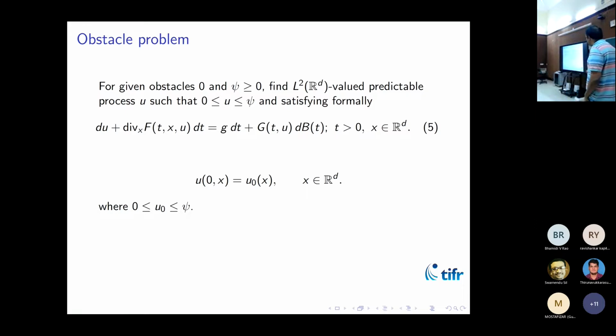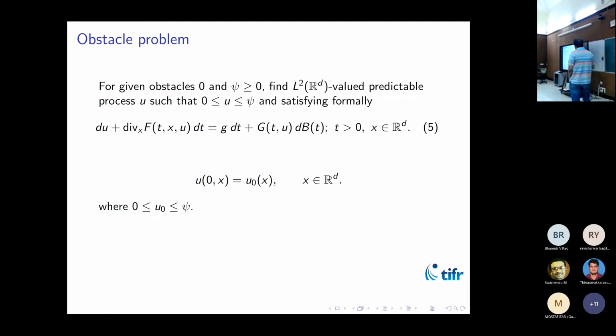One thing I must mention here, which is not on the slide, is that it should satisfy this SPDE away from the obstacle. So we don't really bother what happens at the obstacle. If it takes the value psi or 0, it's fine, we don't look at the PDE. But suppose strict inequality holds, it is strictly between 0 and psi. At that point, you want this equation to be satisfied. Now, there is a problem.